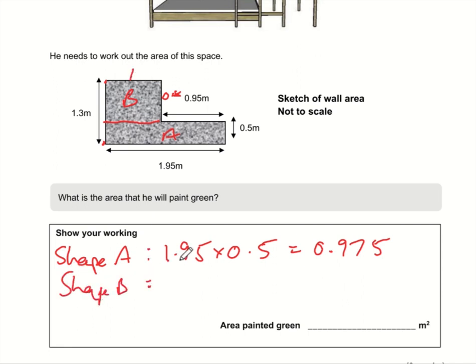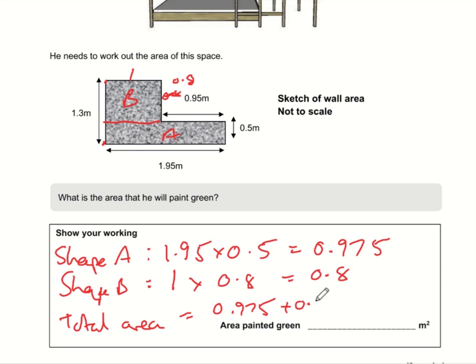So shape B is going to be 1 multiplied by, sorry I didn't write that very clearly, that was a 0.8. 1 times 0.8, which is 0.8. So total area is 0.975 plus 0.8, and that comes to a total of 1.775 square meters.